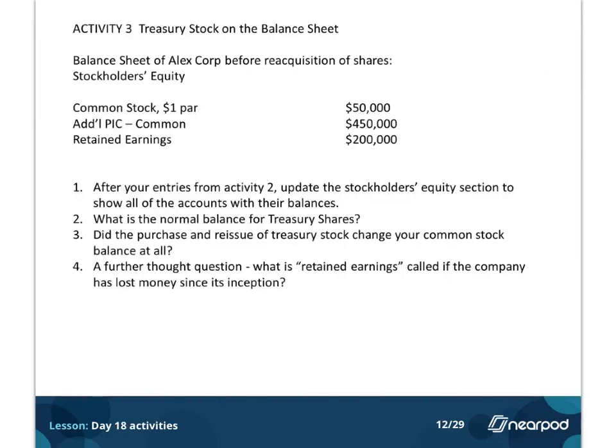Good answer. All right, this next activity just had to do with the balance sheet presentation of Treasury stock. This is what the balance sheet looked like before we made our Treasury stock entries. If you look back at the entries we just made, you would notice that none of them affected any of these existing accounts. The only thing that changed is we added a Treasury stock account.